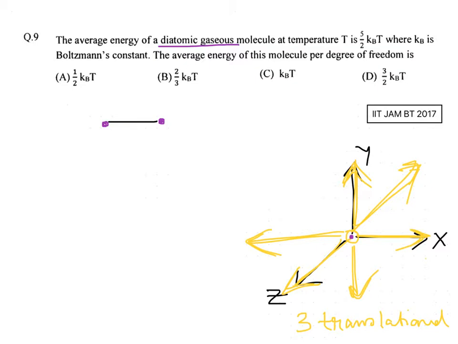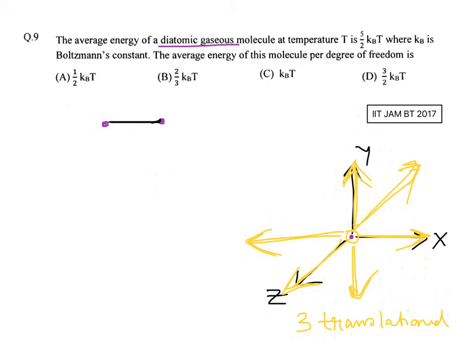A bond is there in between these two atoms. Diatomic molecule means one molecule formed with 2 atoms. So there is a bond between these 2 atoms. Now, how many degrees of freedom are possible for these 2 atoms of the molecule?